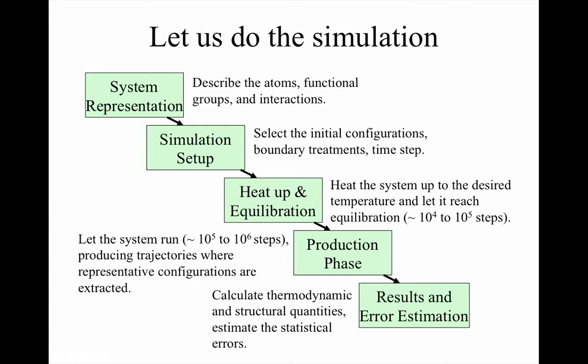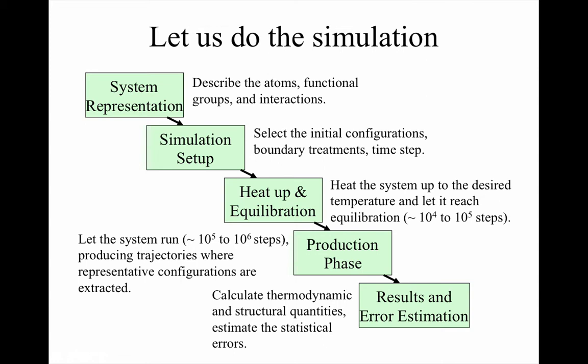We need to define a way that we will account for the interactions between the atoms and so on. Then we need some simulation setup details. We need to choose from where we should get the initial configurations. Do we have any solvent around our core system? So do we have any boundary effects? Which time step should we choose in our simulation, and so on.